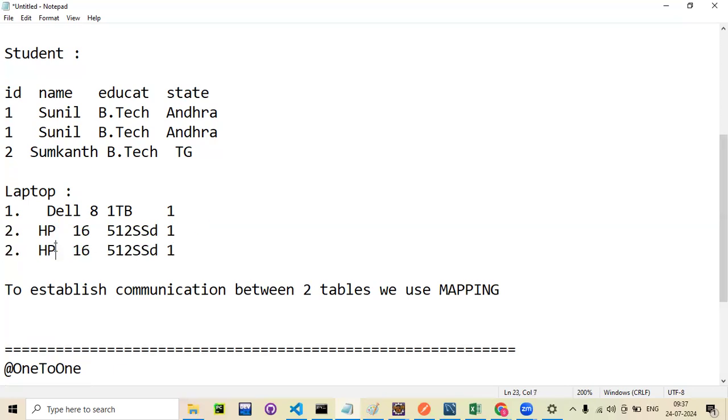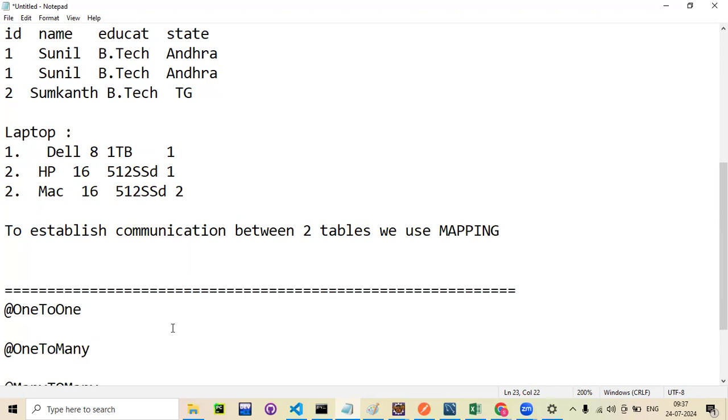Here we have assumed that no two laptops have the same configuration. If multiple laptops have the same configuration, then it comes under many to many.